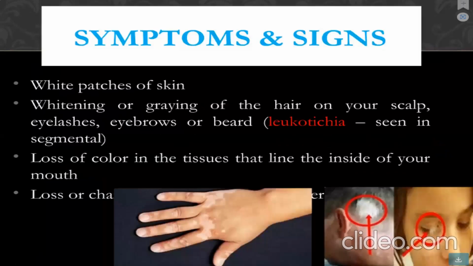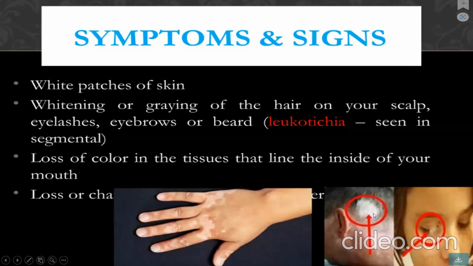Symptoms and signs: white patches of skin, whitening or graying of the hairs on scalp, eyelashes, eyebrows, or beard. The segmental white patching or segmental graying of hair is called leukotrichia.